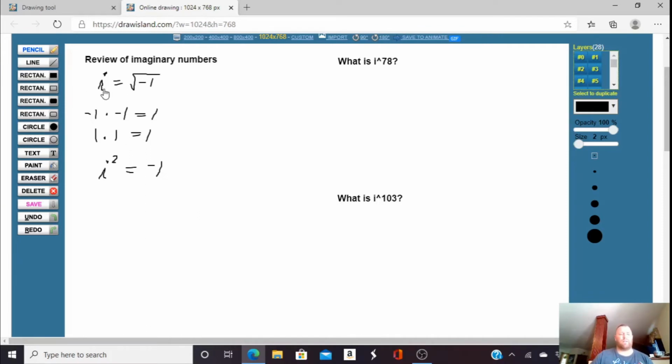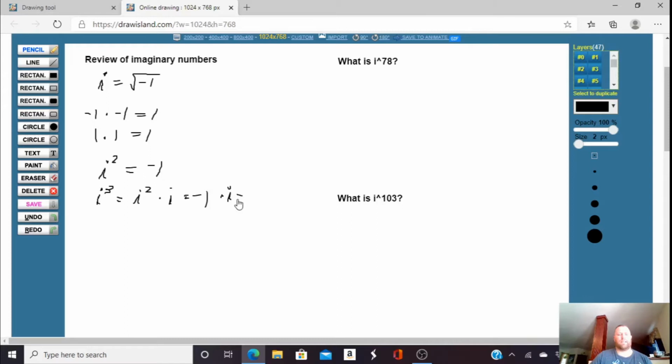So remember, i equals the square root of -1. i squared will equal just plain old -1. i cubed equals i squared times i, which is equal to -1 times i.